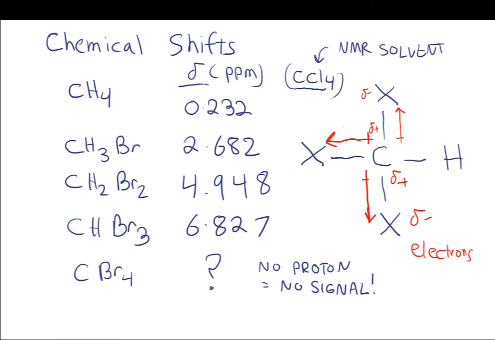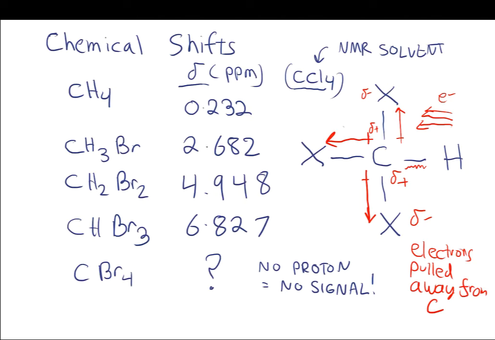So all of this electron density is being sucked away from the carbon nucleus and residing more closely to the bromines in these bonds. So that kind of has a cascade effect, if you will. That causes the carbon to be electron deficient relative to what it was before all those halogens were added.